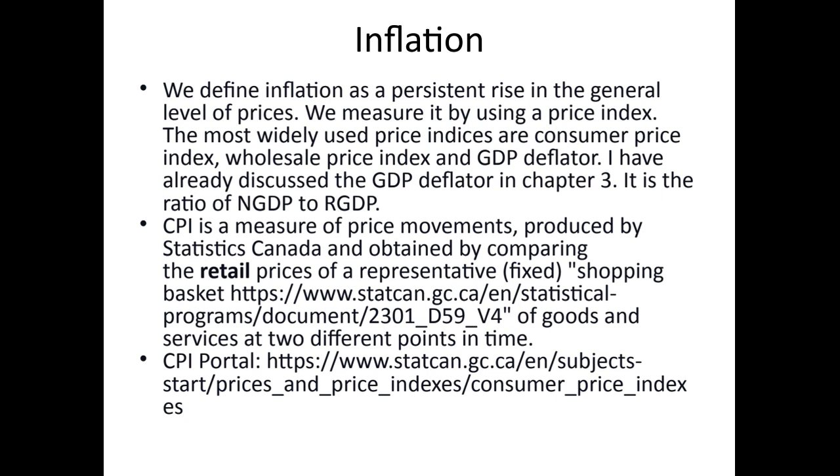By fixed, I mean that this shopping basket contains fixed goods and services year by year. So we are not changing the composition of that basket. So the basket is the same, and we see what is the cost of buying this basket every year, and then we measure the increase in the cost. That is inflation.